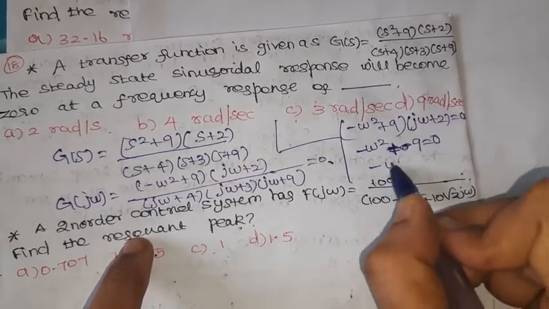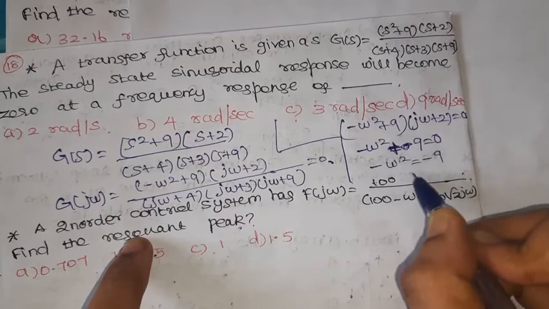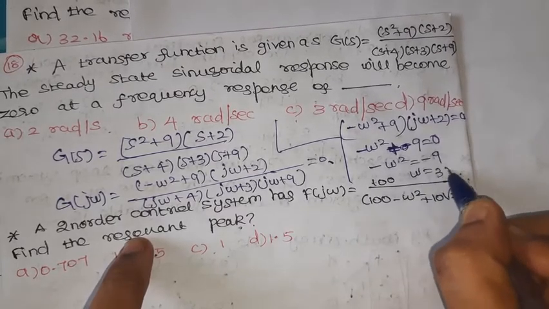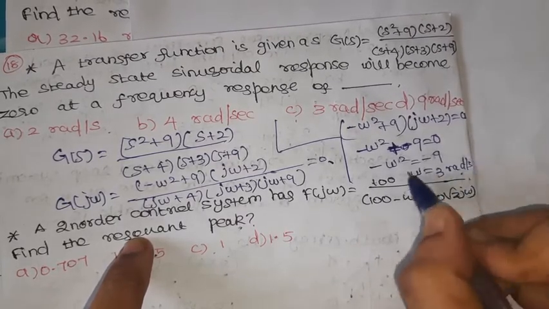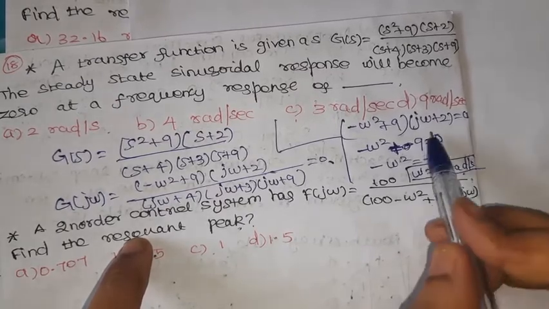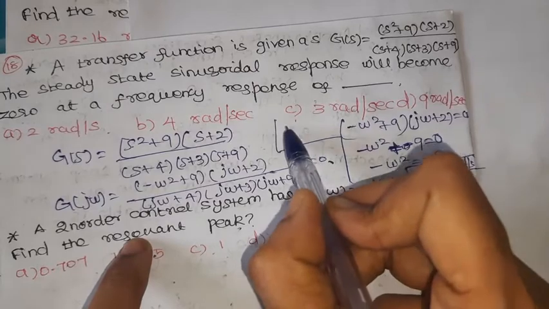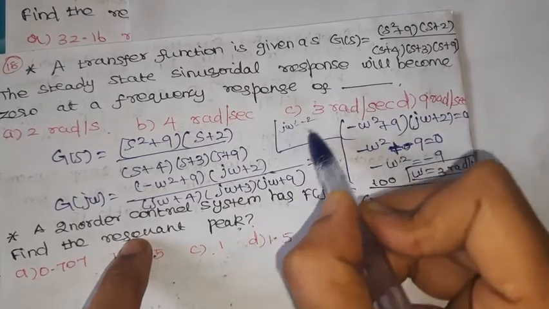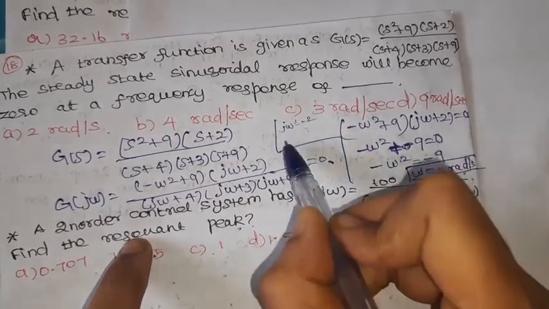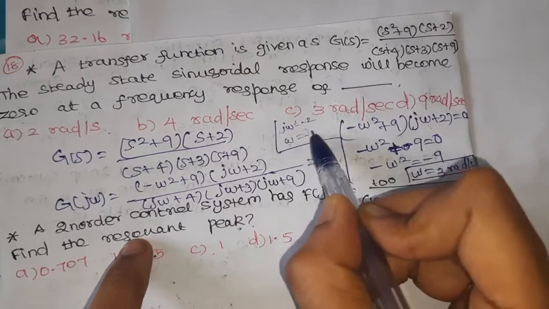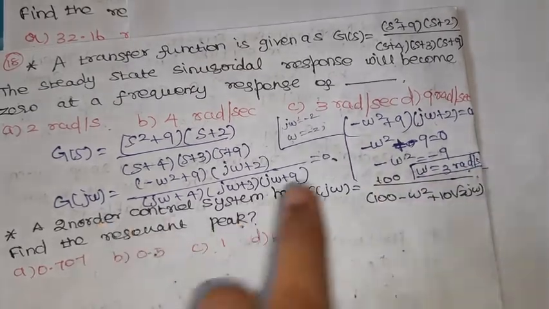Then omega is 3 radians per second. By equating the other term to 0, we get j omega equal to minus 2, so omega is equal to minus 2 by j, some negative value.